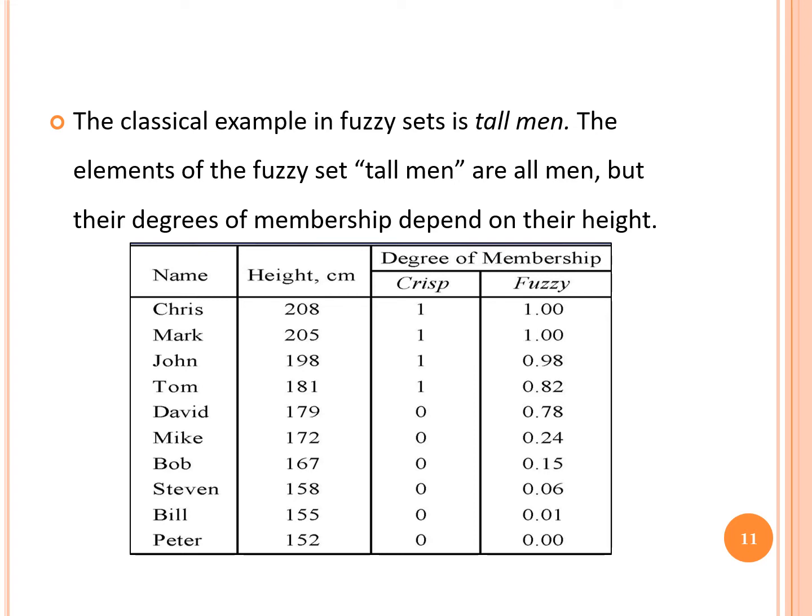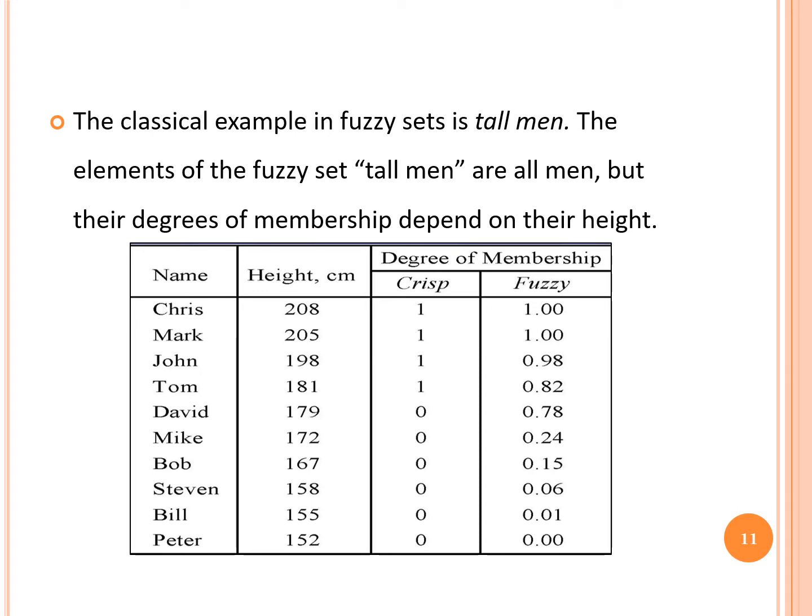But in fuzzy, you can define individually by number, and it is not just either true or false. It might be partially true or partially false. For example, Chris at 208, the degree of membership for fuzzy is 1.